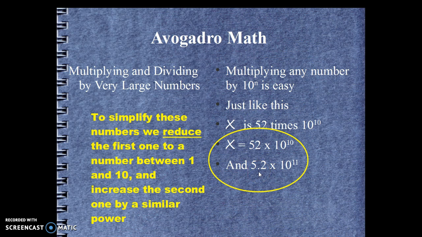That is, we've reduced it by a power of 10. That means we have to increase the second number by the same power of 10, 10 to the 1. So 52 times 10 to the 10th is the same as 5.2 times 10 to the 11th. The second number is in scientific notation.